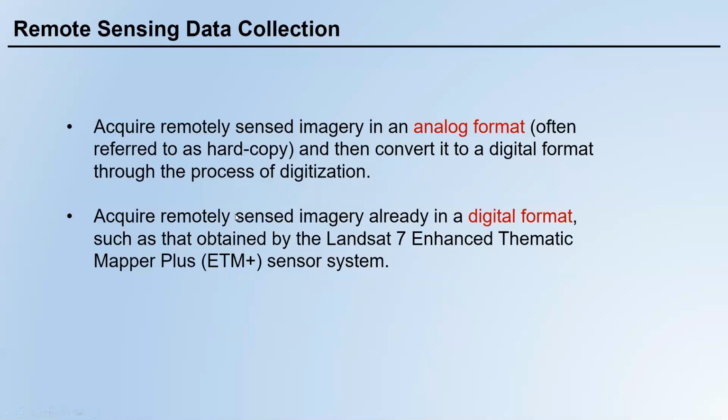Another method is a popular one. You can acquire remotely sensed imagery in a digital format, such as that obtained by Landsat 7 Enhanced Thematic Mapper Plus, ETM Plus. It's a very famous sensor. So digital format is today's trend, the main character.